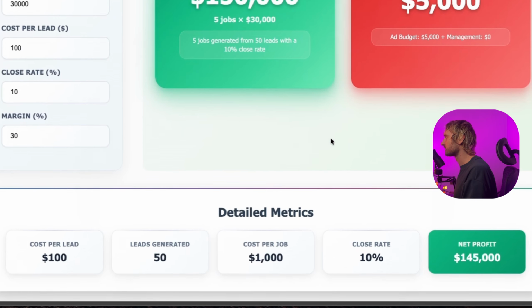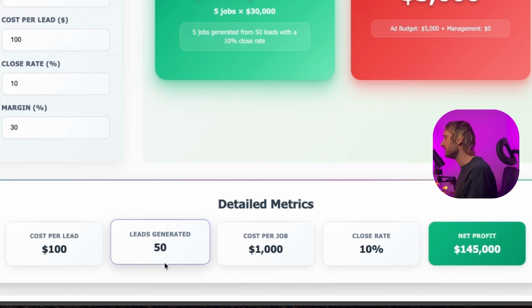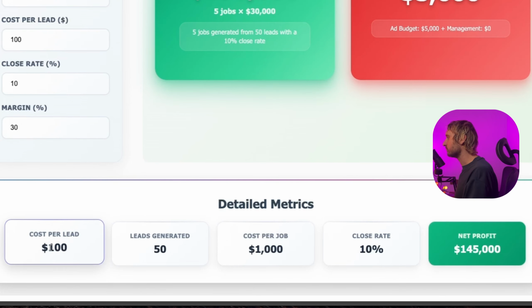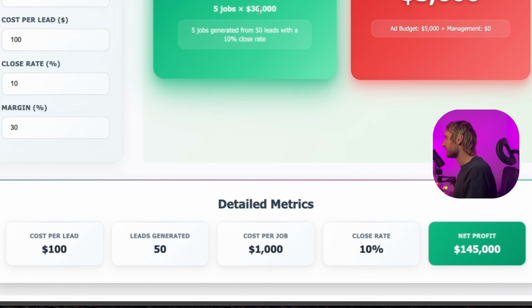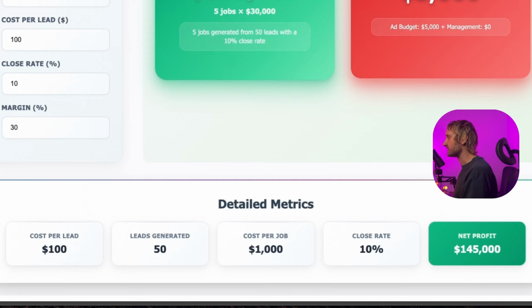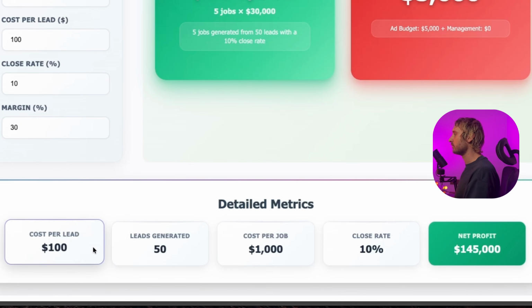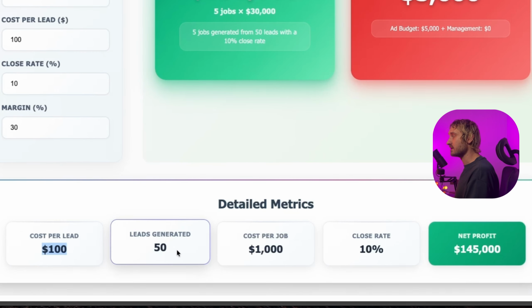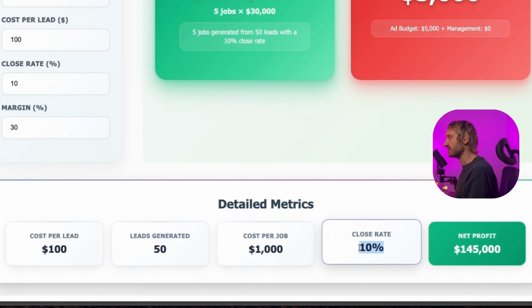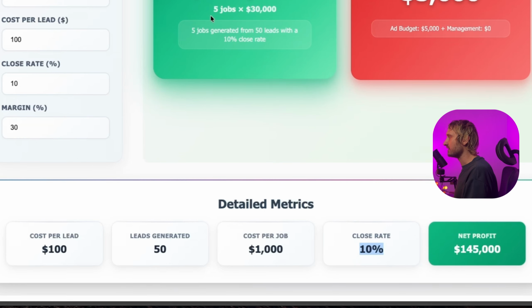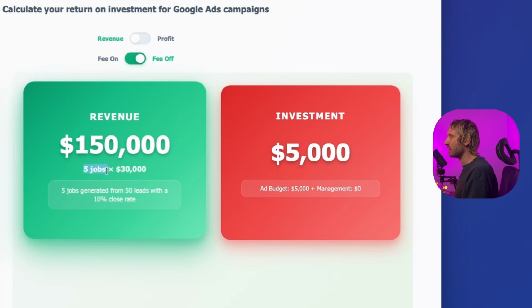Now, if we scroll down here, we can see how this actually breaks down. If you invest $5,000 into ads and you pay $100 per lead, then you will generate 50 leads. Now, from those 50 leads, we convert 10%, which means we get 5 jobs times 30,000 in revenue.